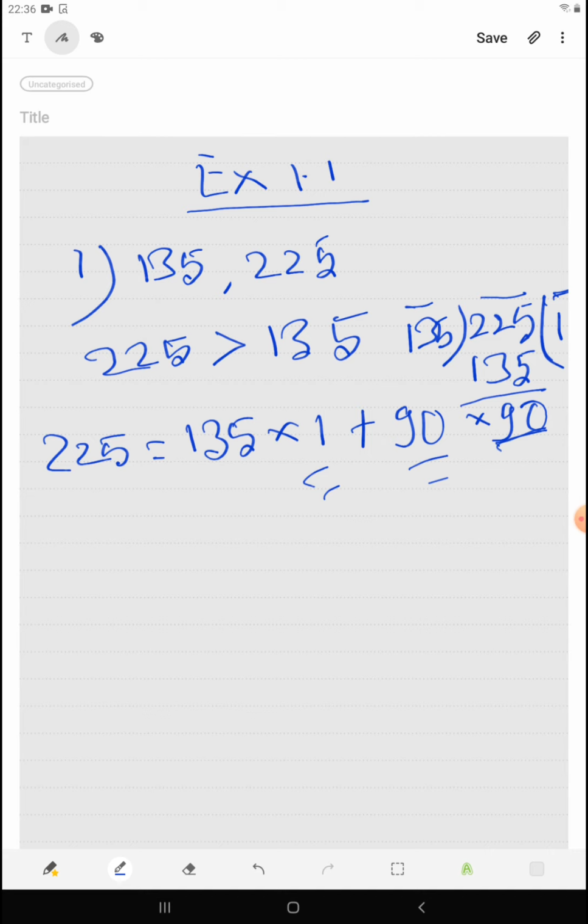So here you can see that 225 is represented as 135 into 1 plus 90. So this is of the form 135q plus r, where q is 1 and r is 90. You can see this. And also 0 is less than or equal to r is less than 135.